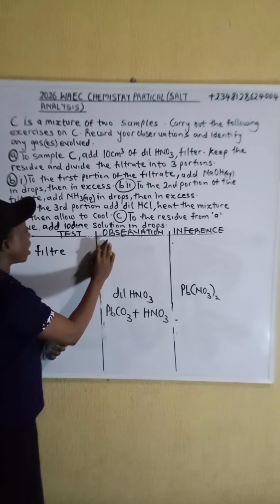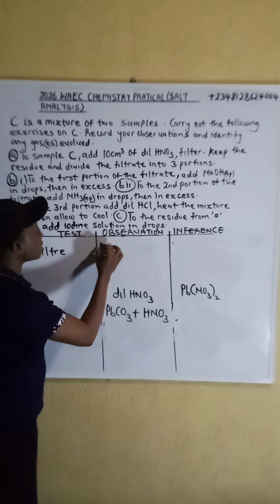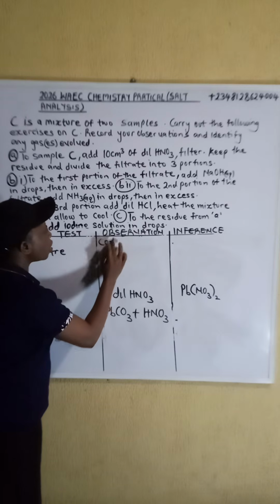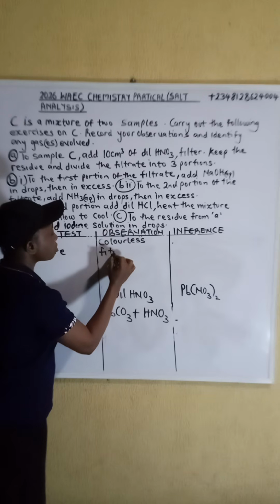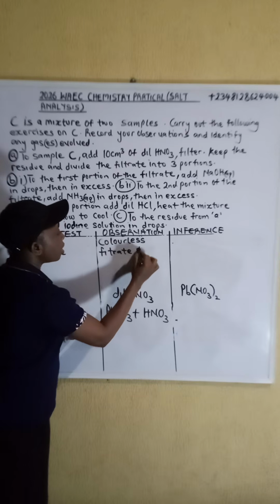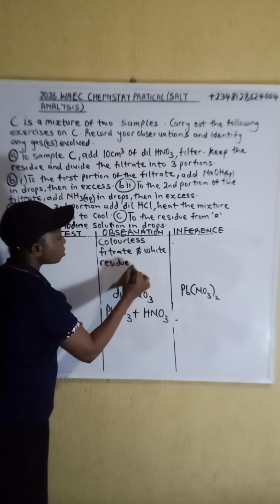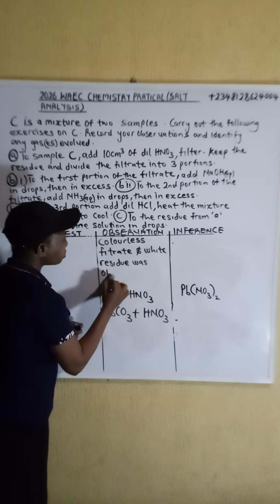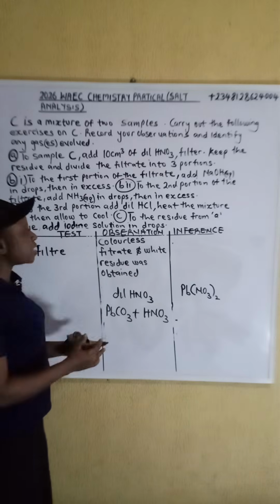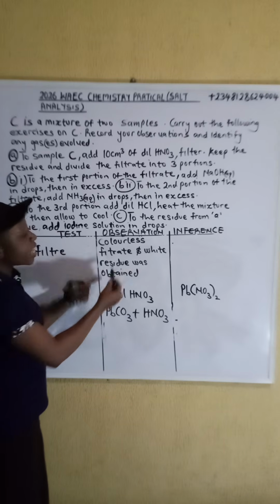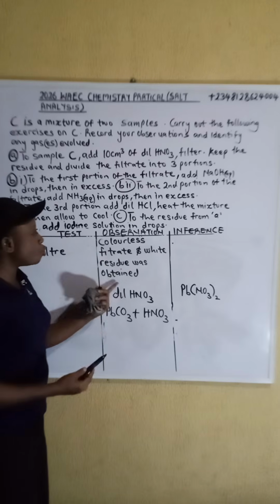Now what will be our observation after filtration? We are going to say that colorless filtrate and white residue was obtained, or slightly cloudy filtrate and white residue was obtained.